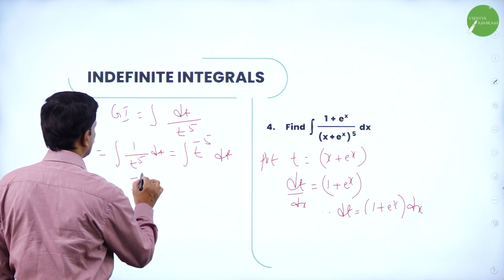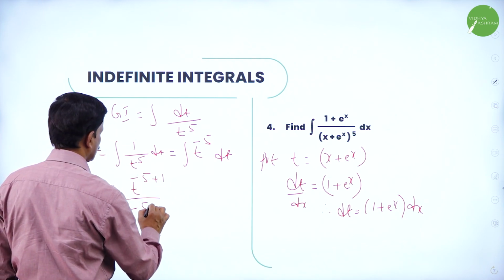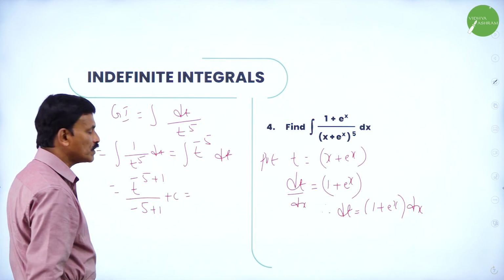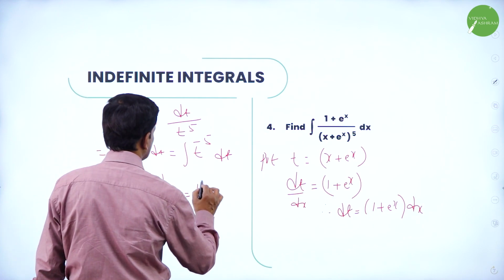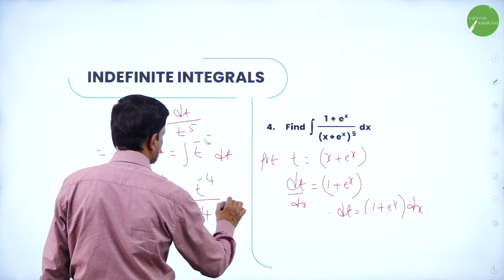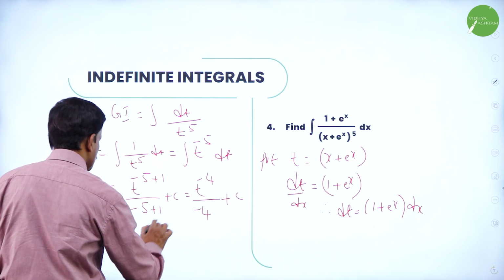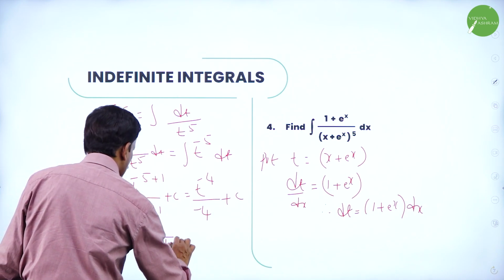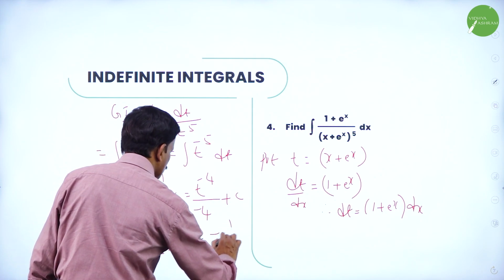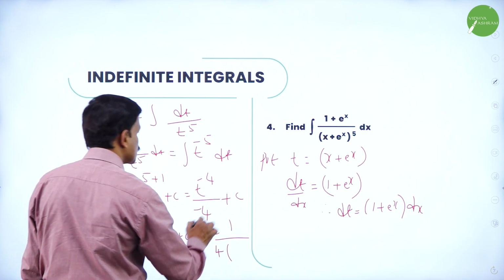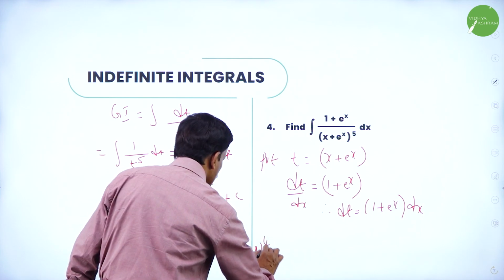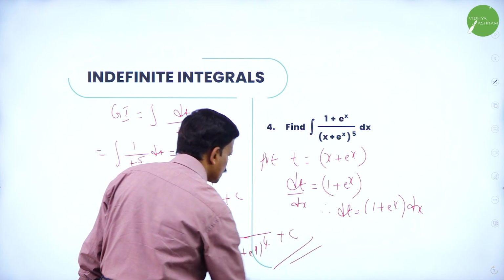Integral of t raised to minus 5 is t raised to minus 5 plus 1, that is minus 4, divided by minus 4, plus c. Or bring this to the denominator: minus 1 over 4 into t to the power of 4, plus c. That's equal to minus 1 over 4 into, substitute t, what is t? x plus e power x whole raised to 4, plus c is the integrated answer.